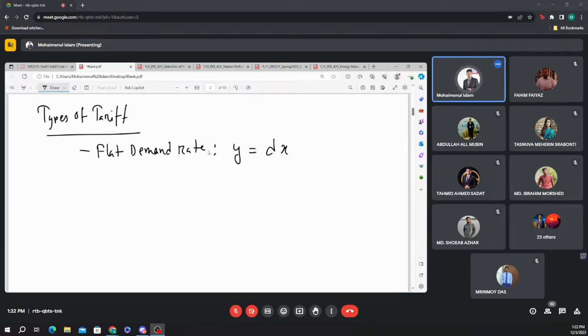If you consider the graph, it should be like that. So that is your y, which is your total cost.